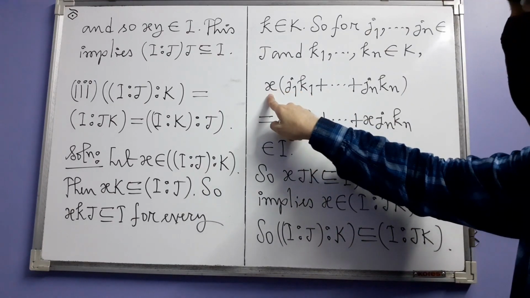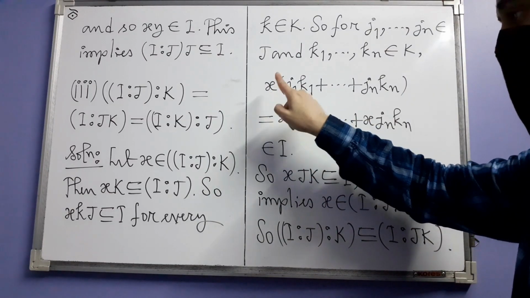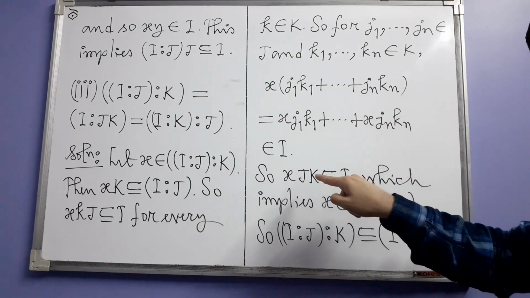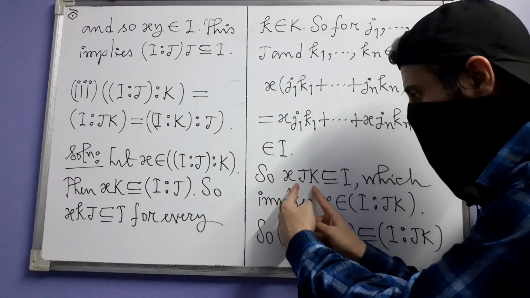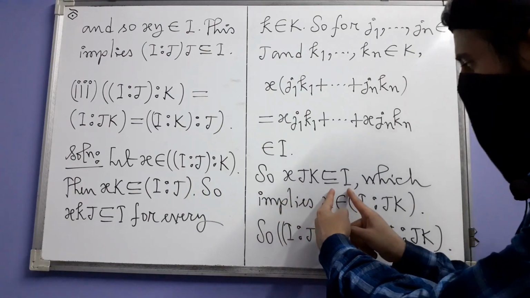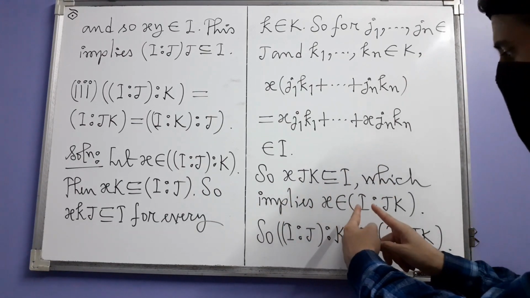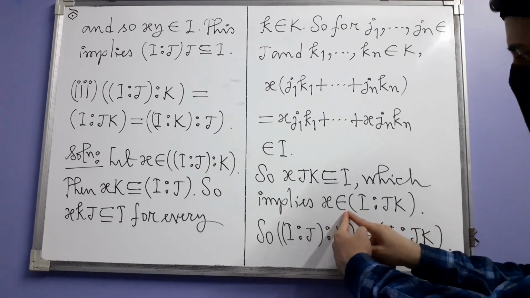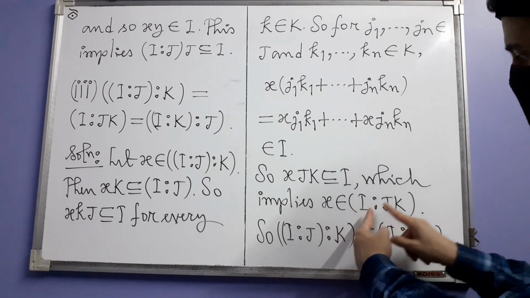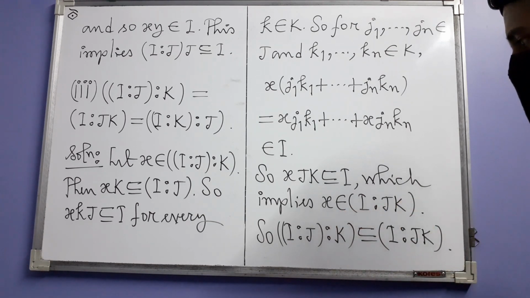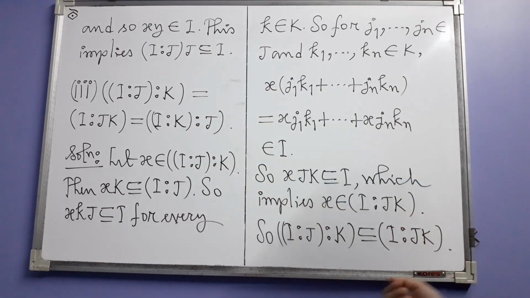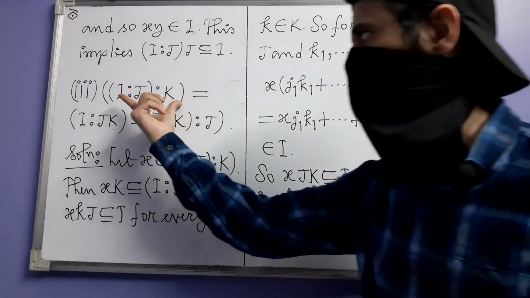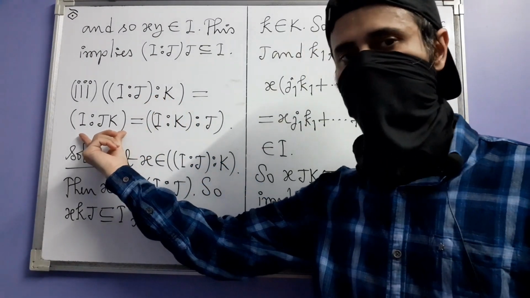So x times any element of JK is an element of I. So the set x times JK is contained in I. But then by the definition of ideal quotient, x belongs to the ideal quotient of I and JK. So that way any element here is also here, and that is why this is a subset of this.